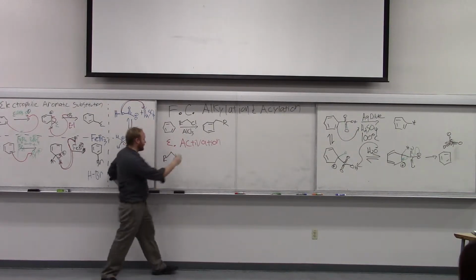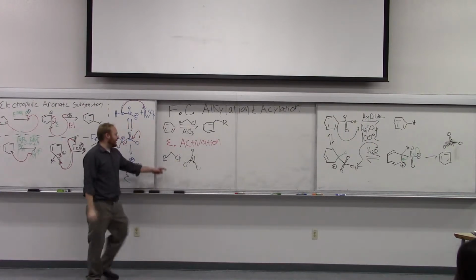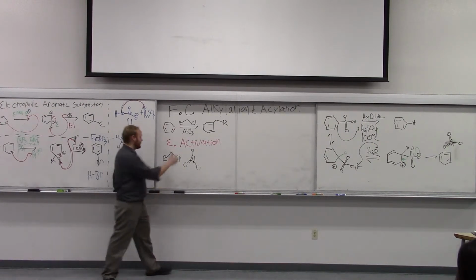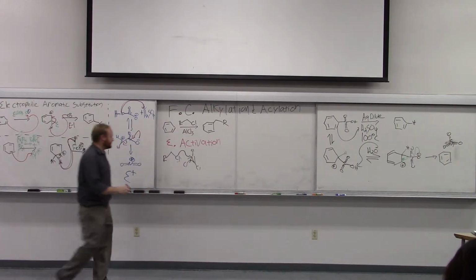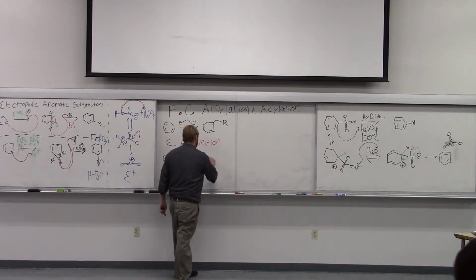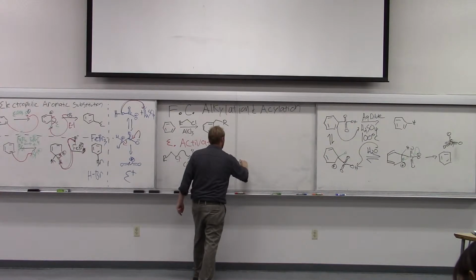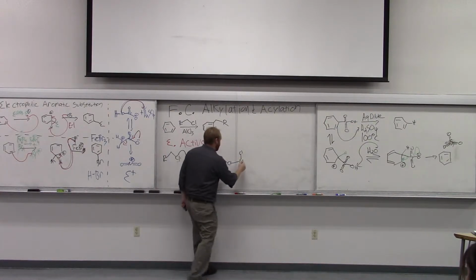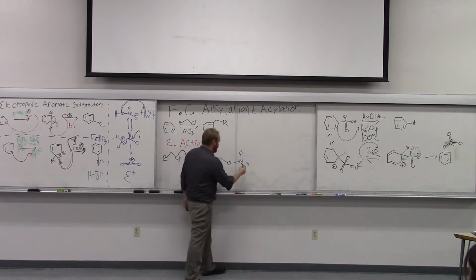So for this one, what happens is the lone pair of electrons from the alkyl chloride is going to attack the AlCl3, and that'll give us this kind of species, which is very similar to what we saw in the halogenation case.